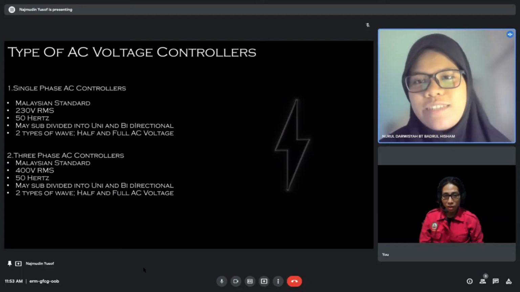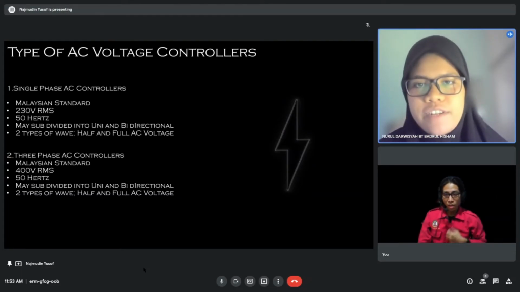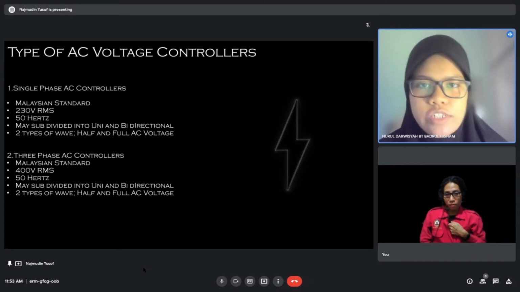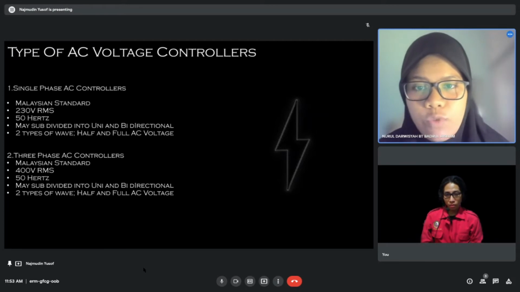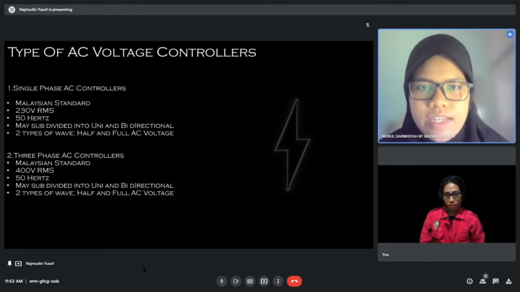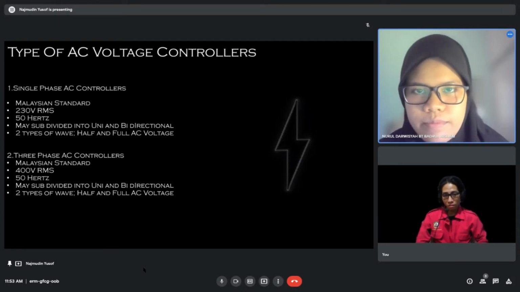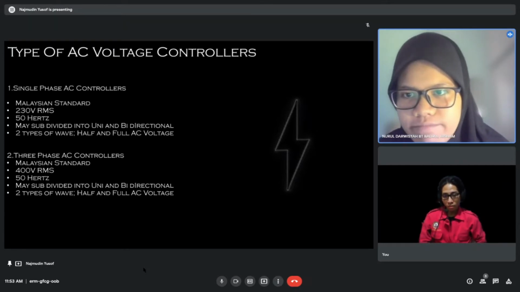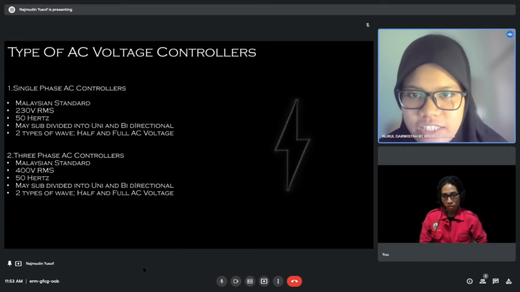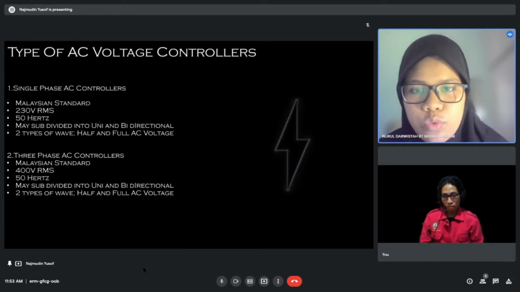Types of AC voltage controller. First, single phase AC controller. Malaysian standard 230 volt RMS, 50 Hz. May subdivide into unidirectional and bidirectional. Two types of wave, half and full AC voltage.